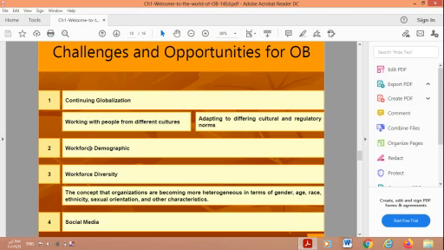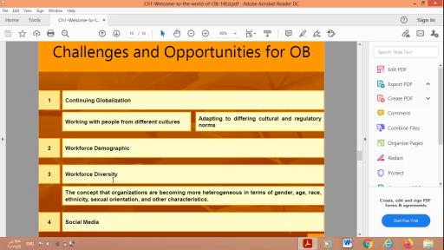The second challenge or opportunity for the organizational behavior discipline is workforce diversity. We will start with workforce diversity, or working with people from different cultures.